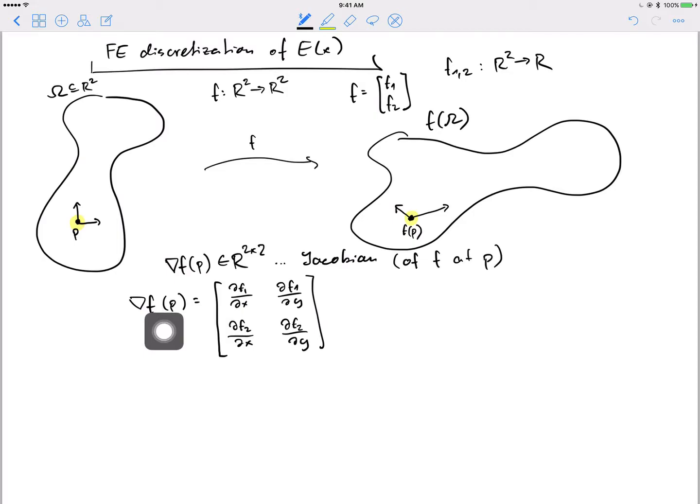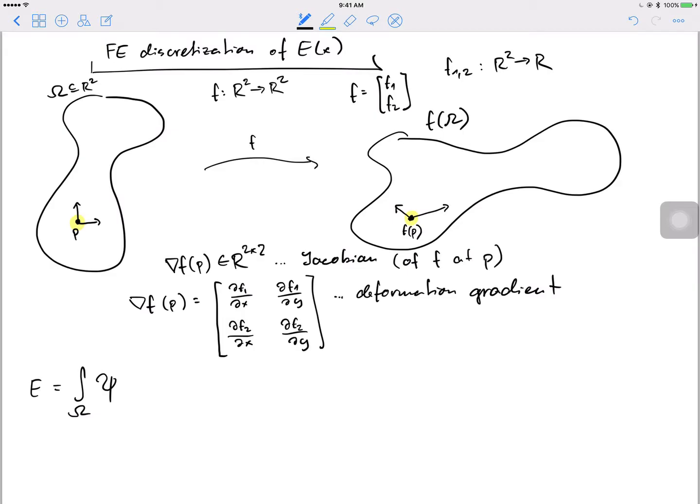Okay, so the Jacobian in this context is typically called the deformation gradient. That just means that it's a gradient or Jacobian of a function which represents deformation. That's what you usually hear in continuum mechanics. And once we have this set up, I can tell you what the potential energy is going to be. We can define the potential energy as an integral over this domain omega of some function psi.